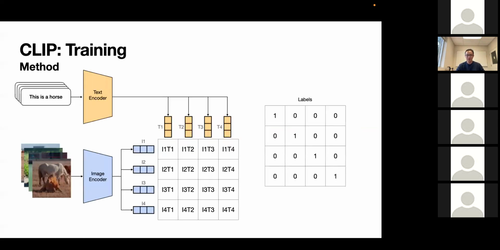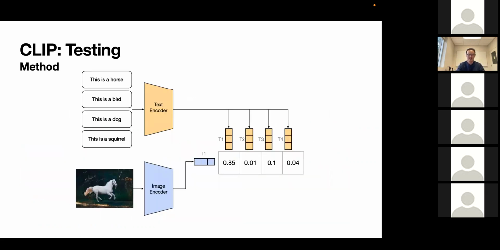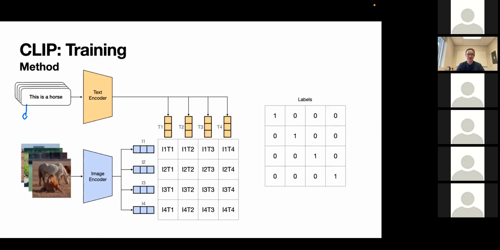And I will show you the training process of the whole model, which is just like what we did before. Let's start from the text encoder. The text encoder will receive some text: this is a horse, this is a bird, this is a dog, this is a squirrel, like 4 sentences.